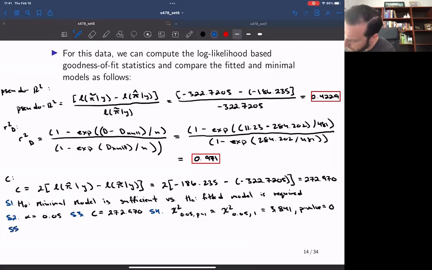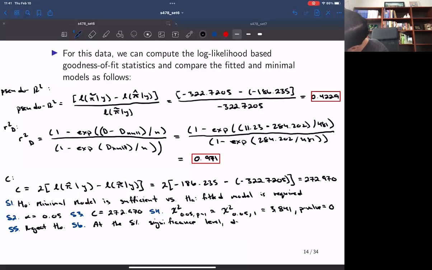So then on step 5, we reject H0. And on step 6, we would say at the 5% significance level, data provide evidence that the fitted model is required.